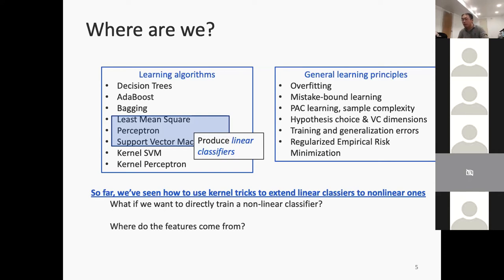So people would like to ask, what if you want to directly train a nonlinear classifier? We're not trying to extend linear classifiers by introducing a nonlinear feature mapping and embedding a kernel function. We want to construct a nonlinear classifier from scratch. How can we do that?